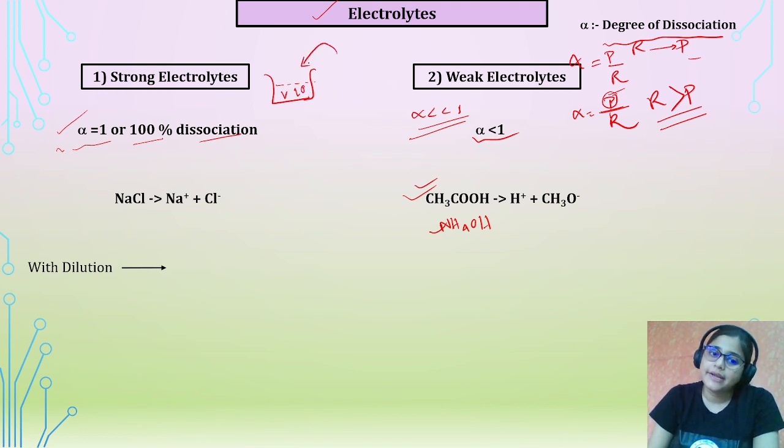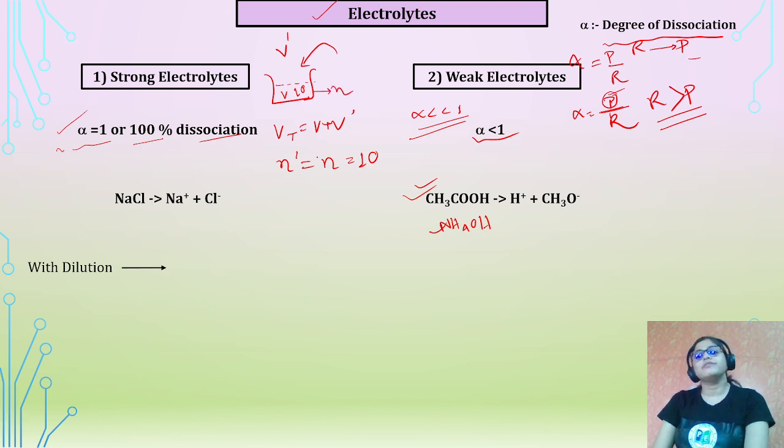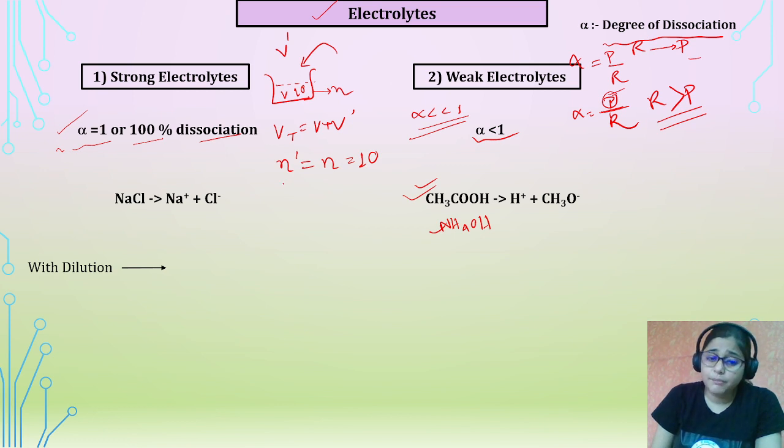Now we have added V dash amount of volume. Now the total volume V total is V plus V dash, and the total number of molecules of NaCl is the same as previously, N dash equal to N equal to 10. Previously, let's say 10 molecules was there. So N equals N dash equals 10. So the number of molecules is the same, but the volume is increasing.